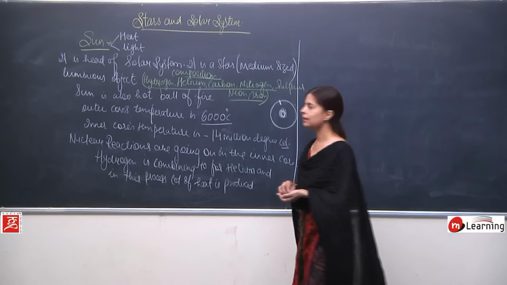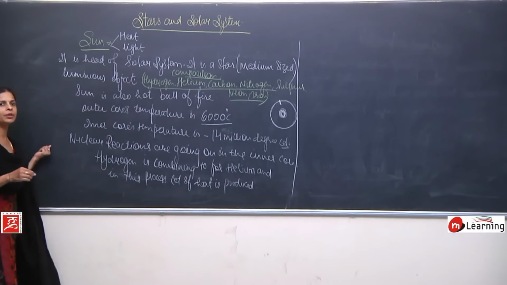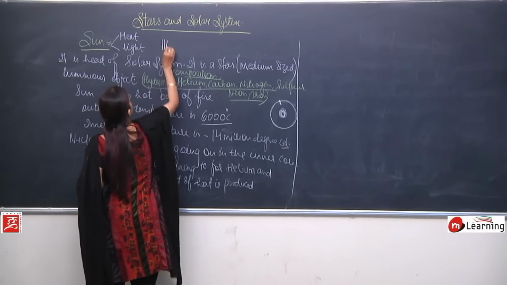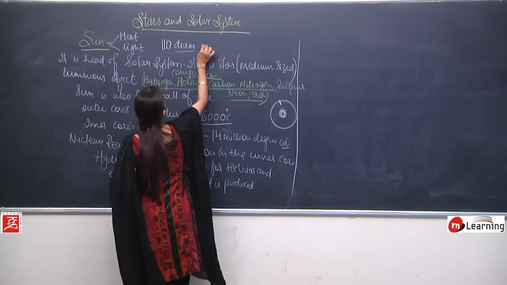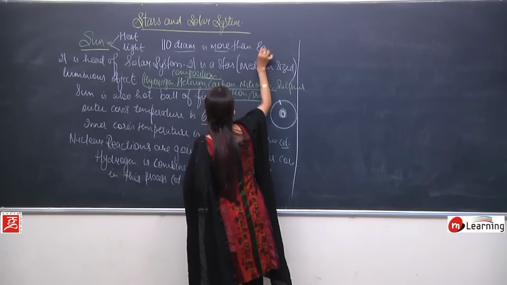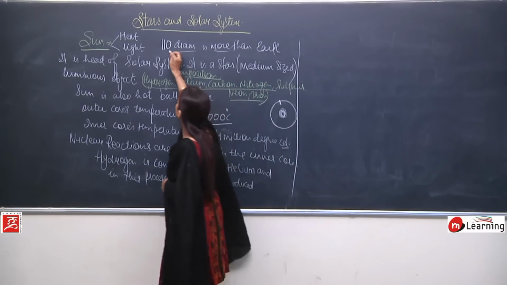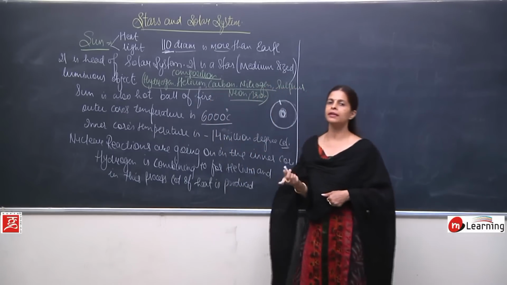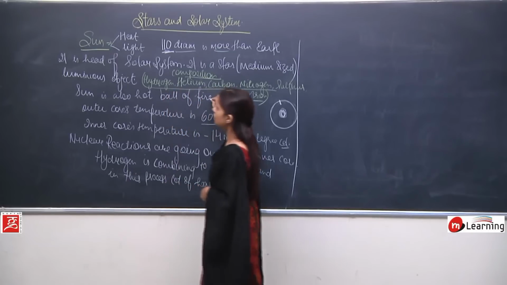The sun is very big, and its diameter is 110 times more than the Earth. So it's a huge ball of fire when we compare it with the Earth.